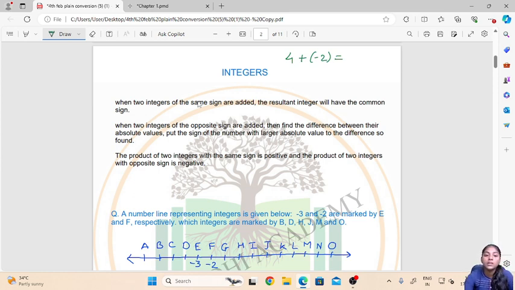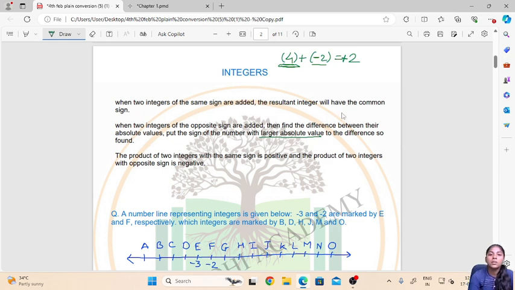Both the integers have opposite signs. This is a plus and this is a negative integer. So we find the difference between the two, and then put the sign of the number with larger absolute value. Here 4 is greater, so the larger absolute value is 4. So the answer will have a plus sign.